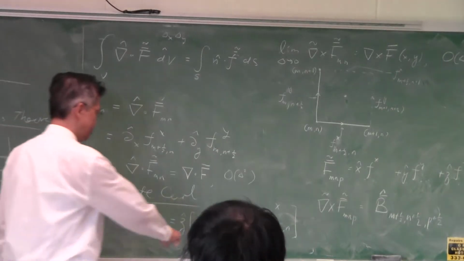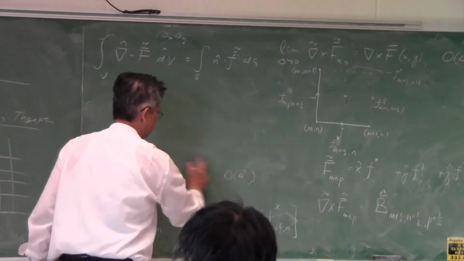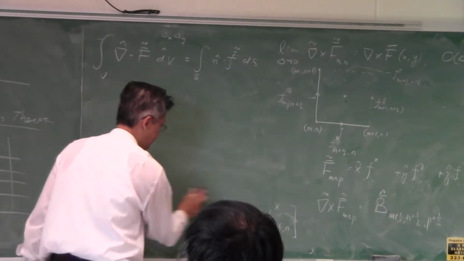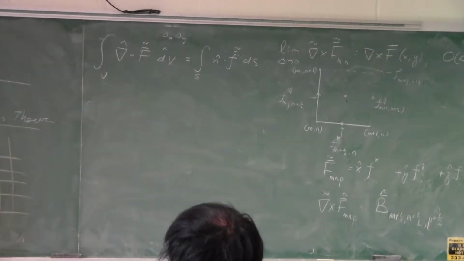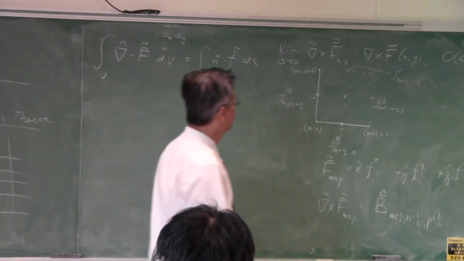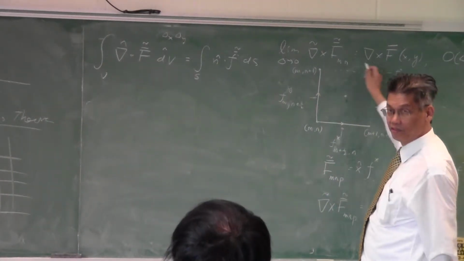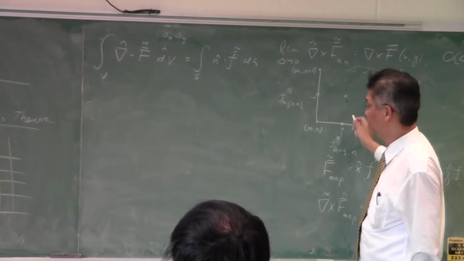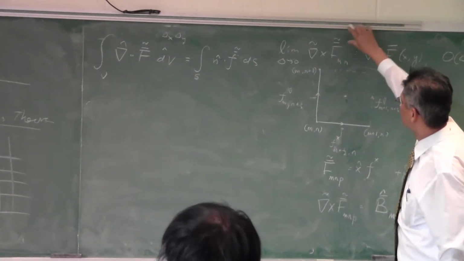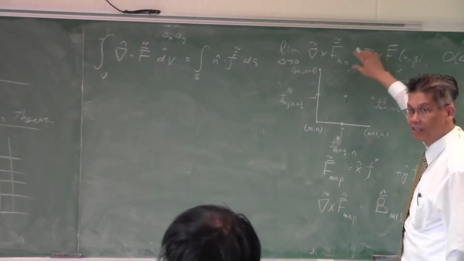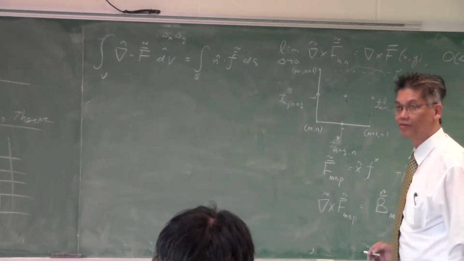And similarly, if you look at the Stokes theorem, whether it holds true in the discrete world, in the 2D case, I was saying that the discrete curl is just adding up the circulation of this thing. And if I have the circulation defined at this point plus the circulation defined at that point, all the interior circulation will cancel each other, and then you get the discrete Stokes theorem.